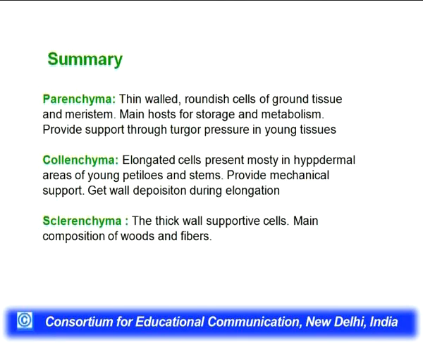When the parenchymatous cells die, they do not leave much space; they shrink to a very thin component, and they provide support mainly with the help of turgor pressure.